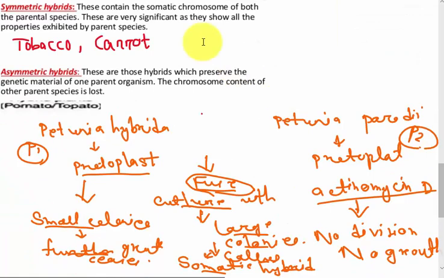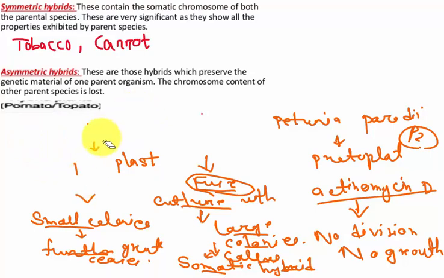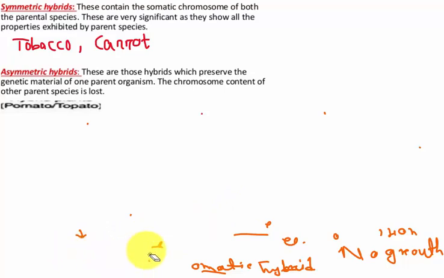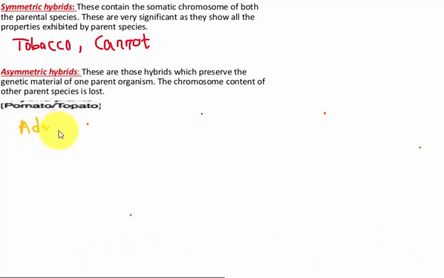Next is about the advantages of somatic hybridization. First, it helps in the production of hybrids, and that hybrid could be interspecific or intergeneric. We have already discussed the intergeneric example, the pomato, which I already explained.